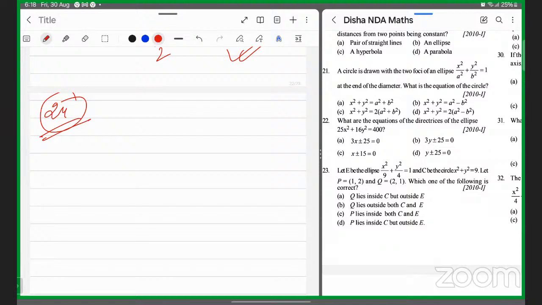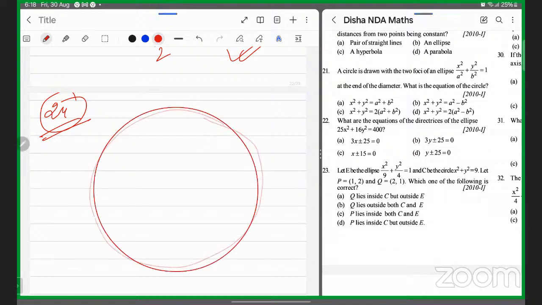The ellipse E and the circle C are given, and the point P. The auxiliary circle is given, an ellipse like that.